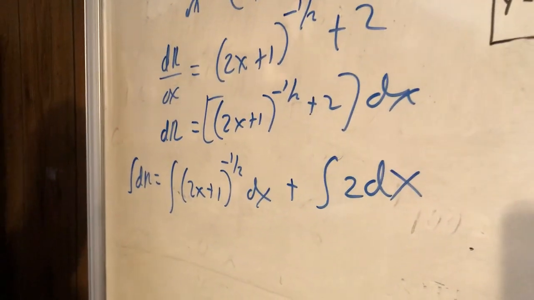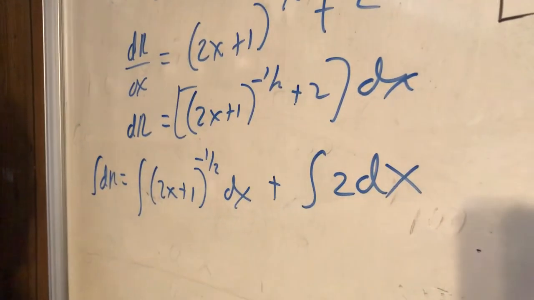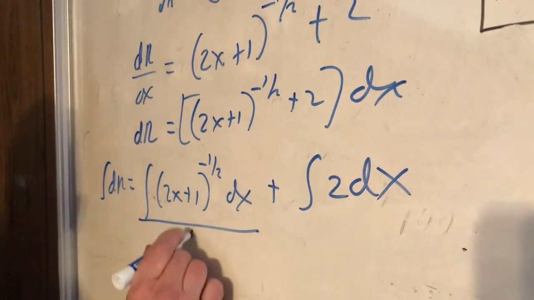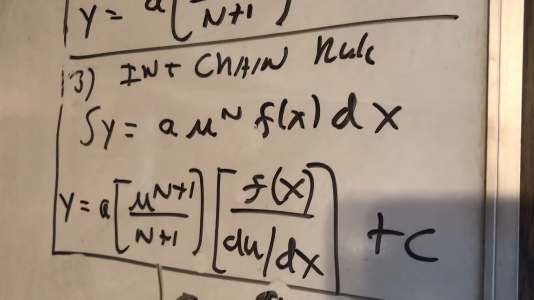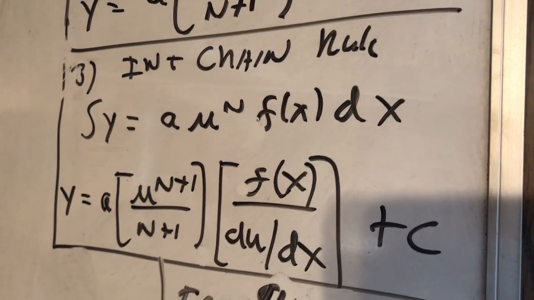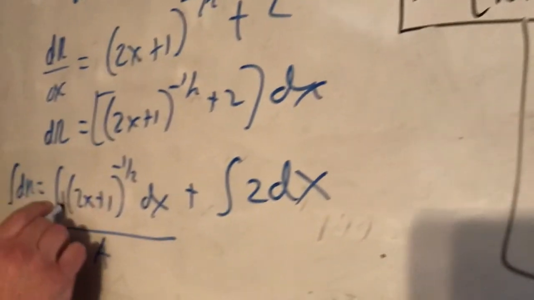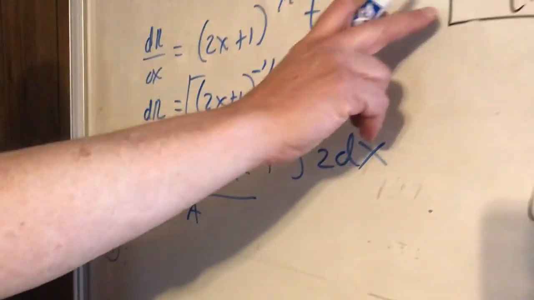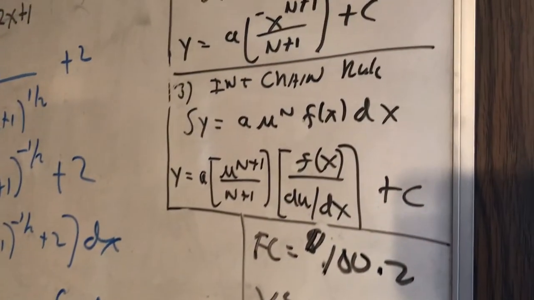For the first term, we're going to use the chain rule of integration. We'll call that A. So I want to put A in here first. Call this equation 1. For A, we look at the integration chain rule.